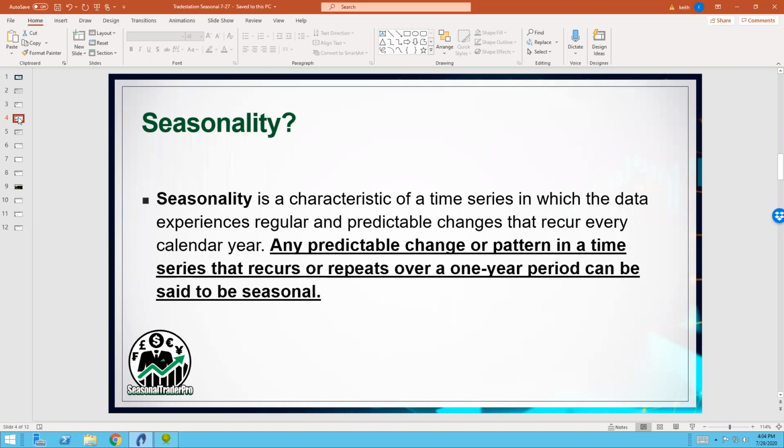For example, if we focus right now on stocks, there are hundreds of stocks throughout the year that have seasonal patterns, where they go higher or lower during a seasonal window in time, with high probabilities. That's what I mean by seasonality.